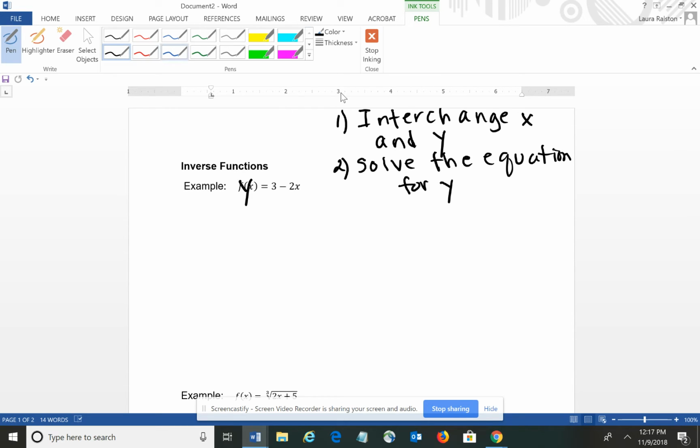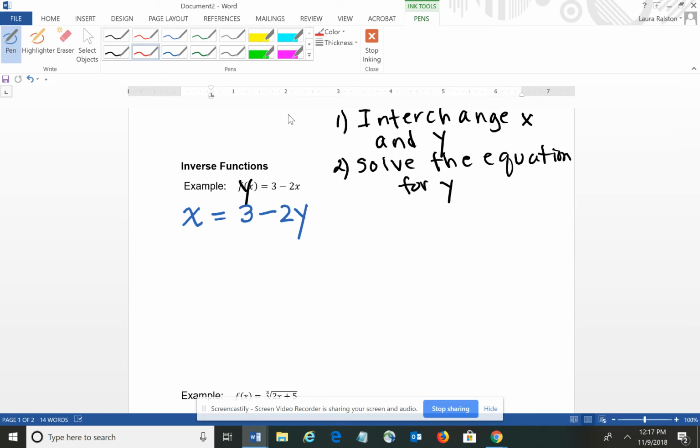Okay, so in this particular problem, we have f of x, or y, equals 3 minus 2x. And so the first thing I'm going to do is interchange x and y. So where there's a y, I'm going to put x, and where there's an x, I'm going to put y. And then I want to try to solve that resulting equation that I've written in blue for y.